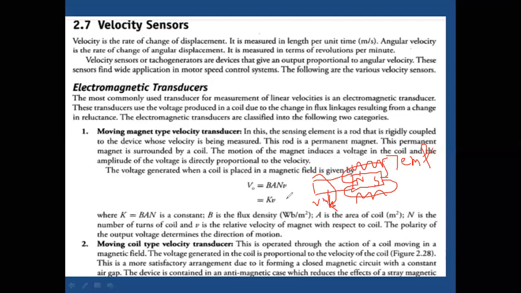Here the magnet is moving. If the coil is moving instead, we call it a moving coil type velocity transducer, with the same working principle. I have a permanent magnet here, which is fixed, with north and south poles, and the magnetic lines always pass from north to south, like this.